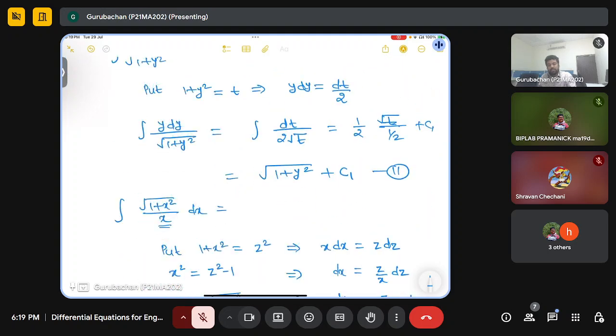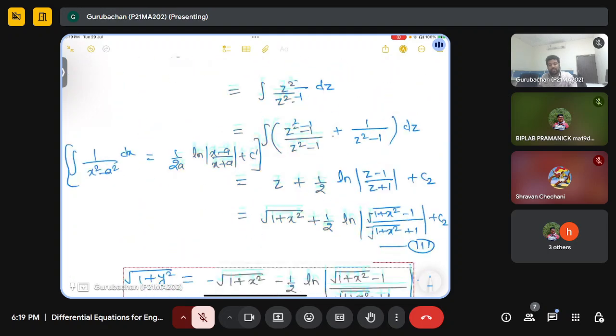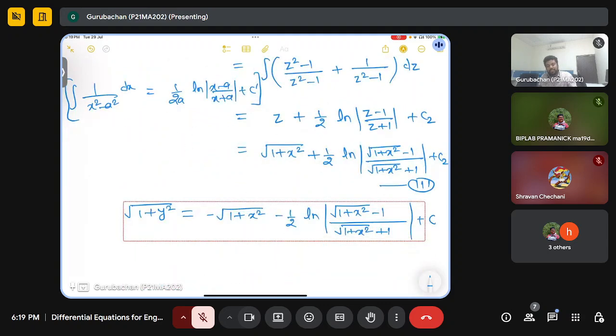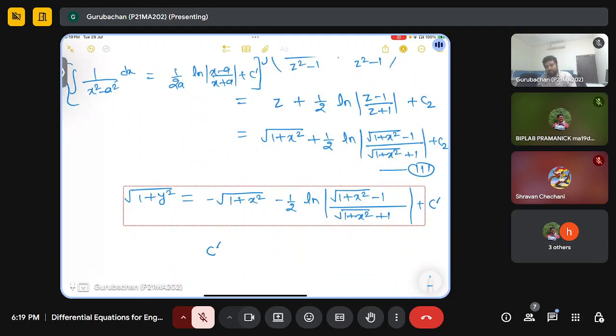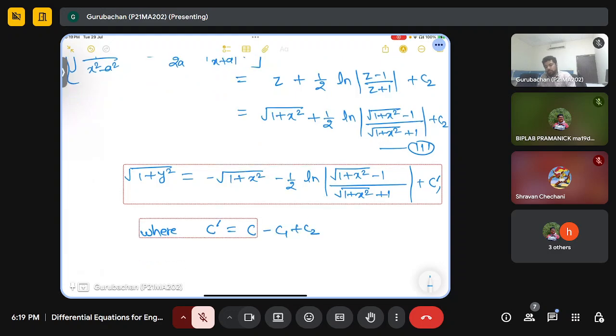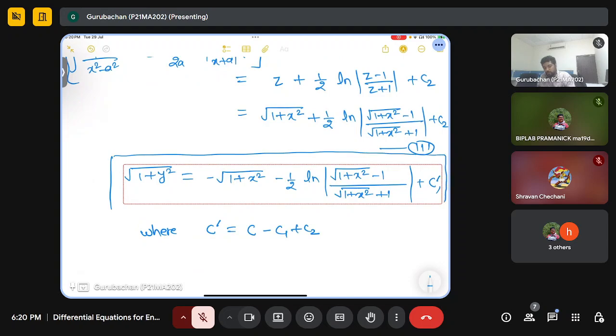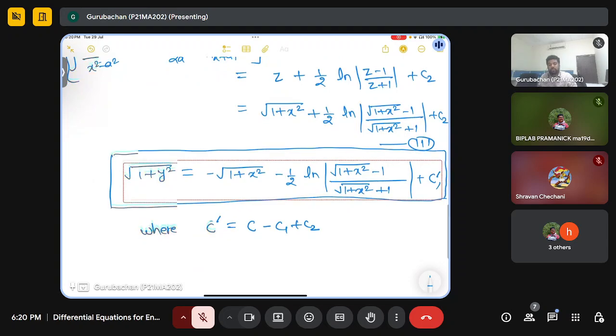There was c, one c1 is here, one c2 is here, so I can combine all of them with some c dash, where c dash is nothing but c minus c1 plus c2. So this is your general solution of the differential equation.